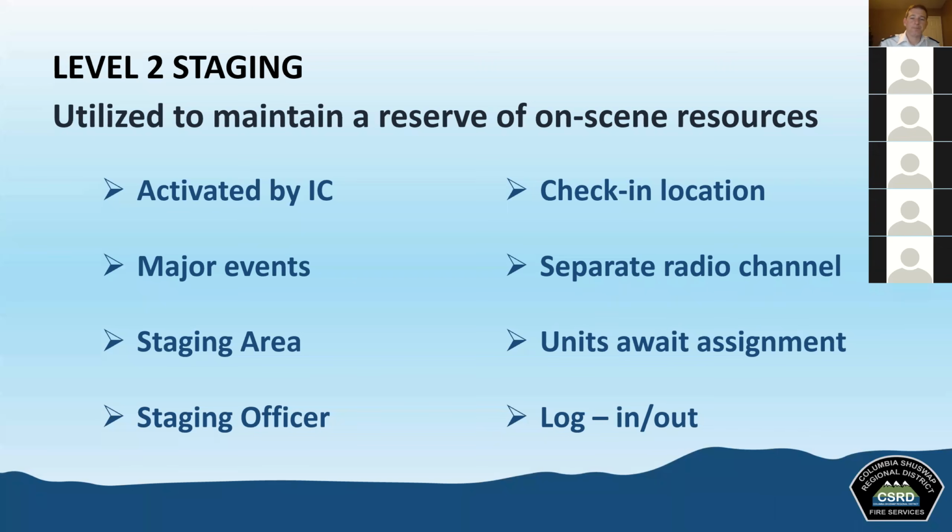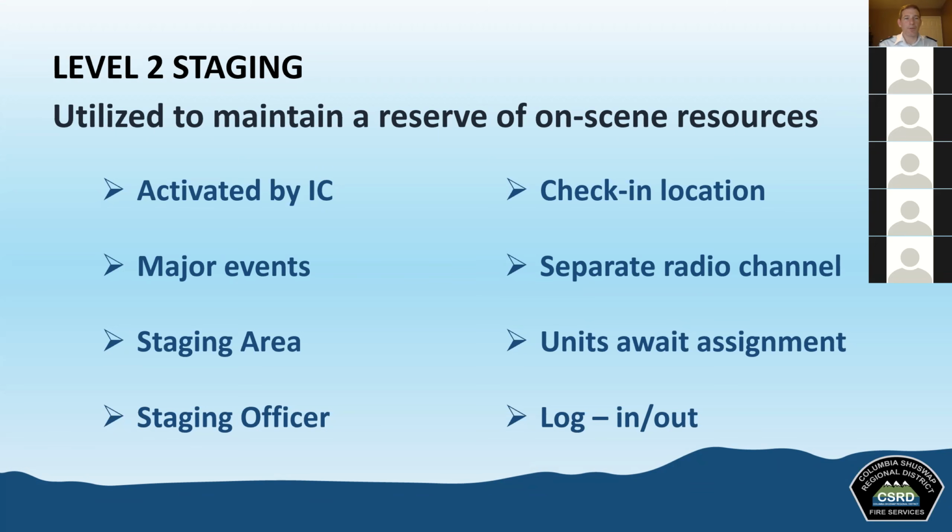All right. So when activating a level 2 staging, the command will give the approximate location of the staging area, and it should request a separate radio channel for that staging officer. We'll have a tactical channel for our TAC teams working, and it's good to set up a second tactical channel if you can for the staging officer as well.